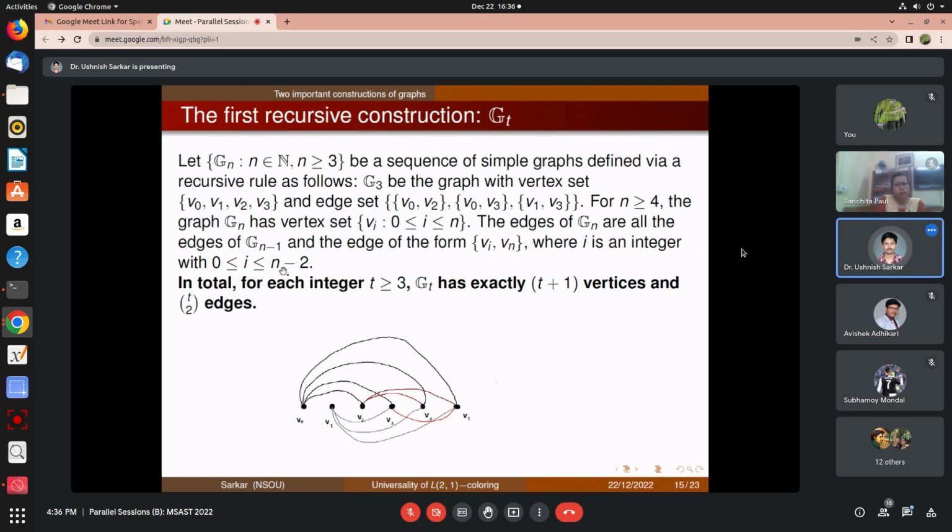So actually, the essence of this construction is that we are avoiding edges between two consecutive vertices. It's quite obvious that Gt has exactly t plus 1 vertices, and t choose 2 edges.